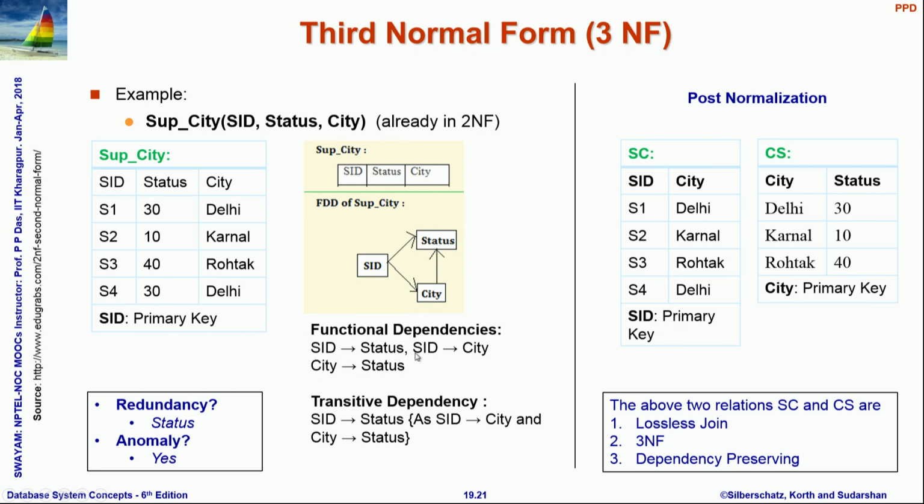So, this is a transitive dependency, and you need to get rid of that. We have shown how to do that, and we have also discussed at length how to normalize a relation into third normal form, guaranteeing that you will have lossless join and dependency preservation.